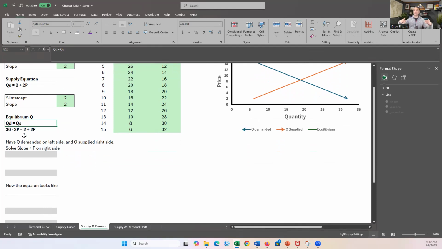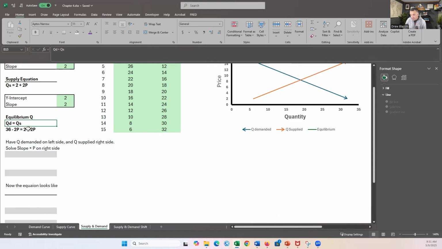Now all we're going to do is solve for price. I'm going to throw price on the right side and put the y-intercept on the left side. So if I subtract 2 from both sides, that's going to be 34.